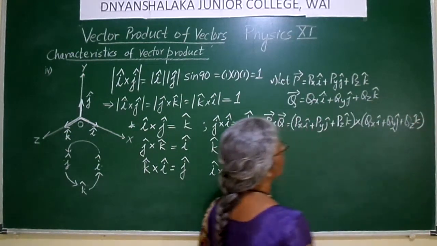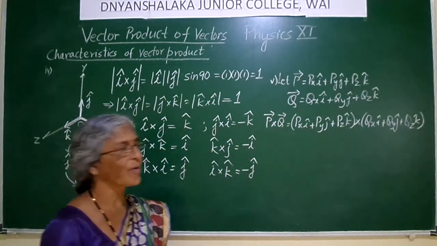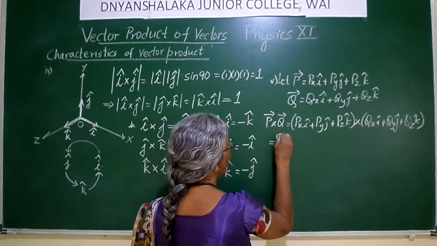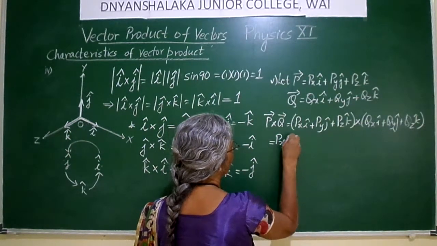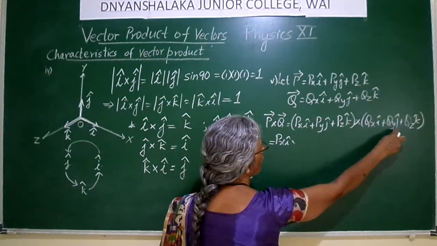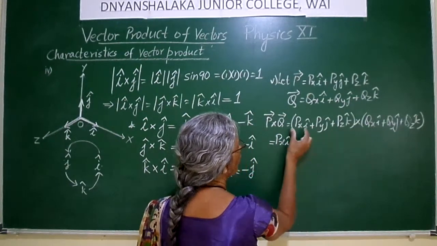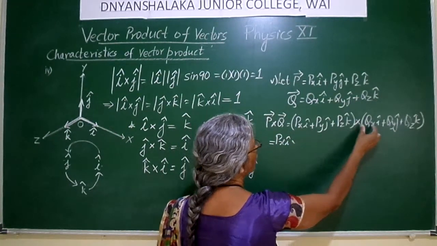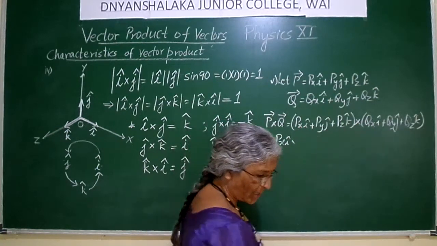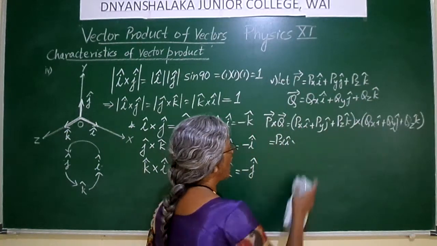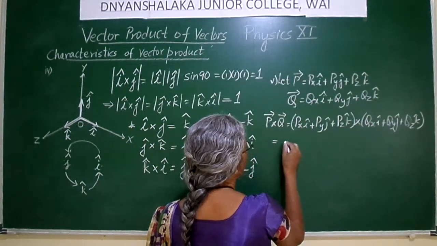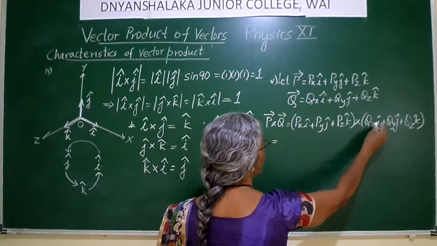So I am taking the cross product of these two vectors. Firstly I will get pxi cross this vector entirely. So if I take pxi cross qxi, what am I going to get? Firstly, I will get vector I cross vector I.